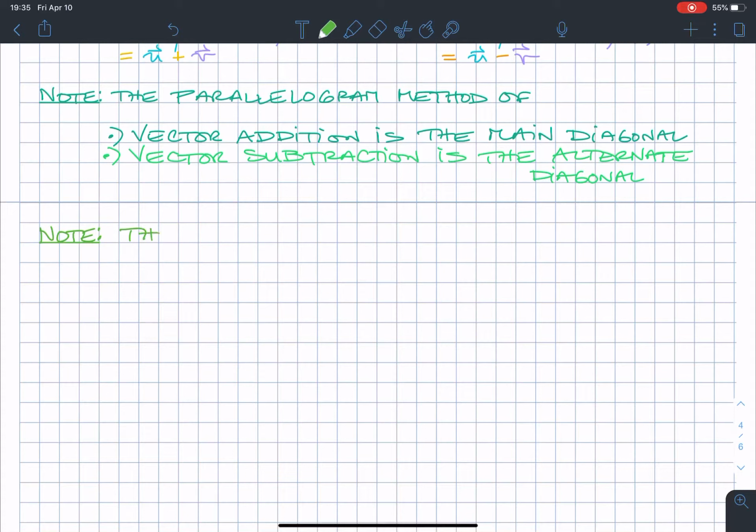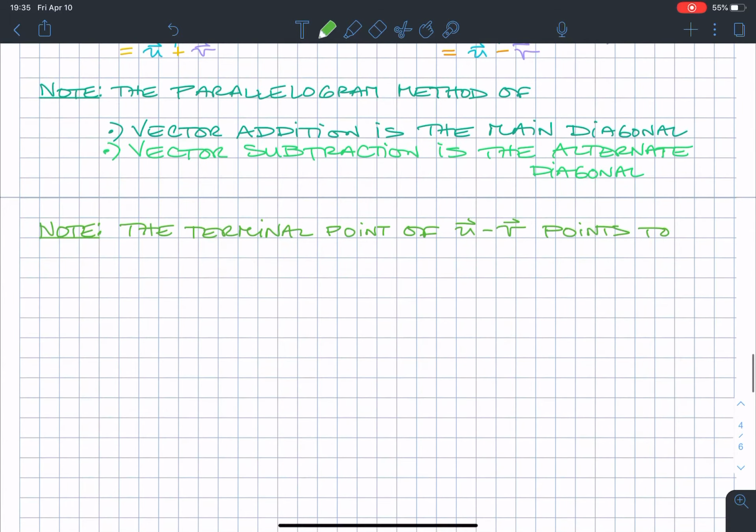The terminal point of U minus V points to, well, it's the terminal point of U, right? The terminal point of U. So U minus V points to U.